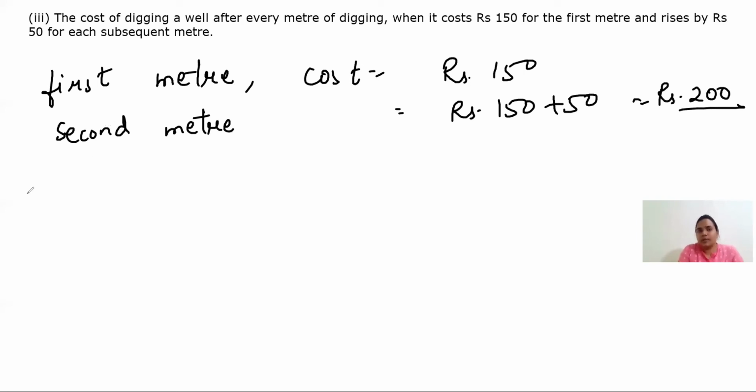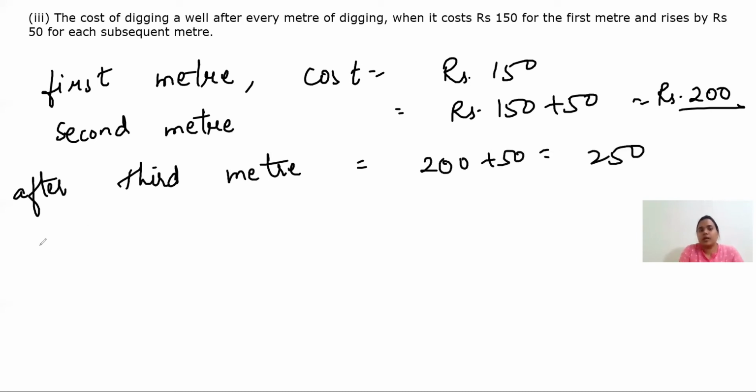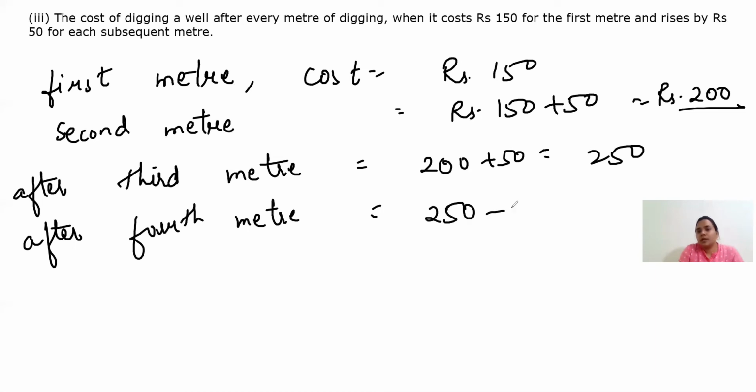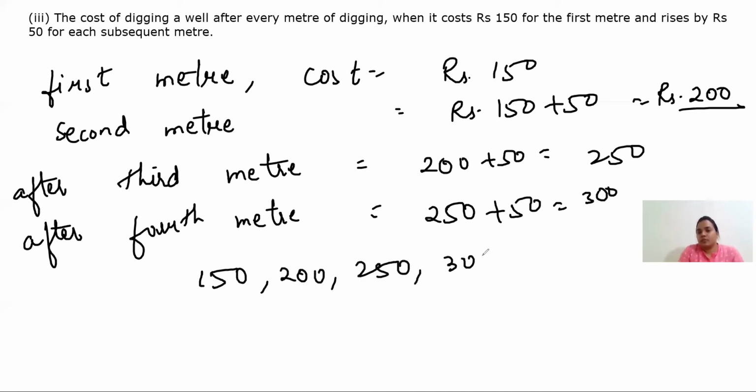After the third meter, it will be 200 plus 50, that is rupees 250. After the fourth meter, cost will be 250 plus 50, that is 300. So now we are getting the numbers as 150, 200, 250, 300, and it will go on.